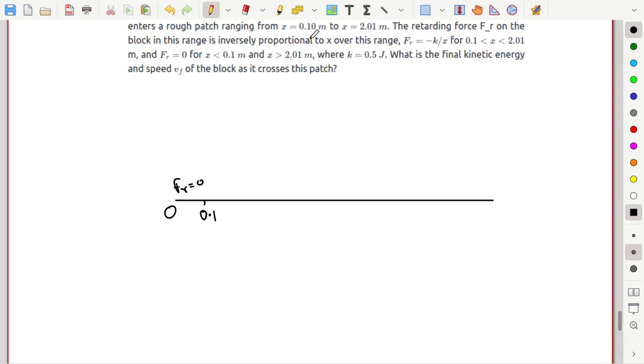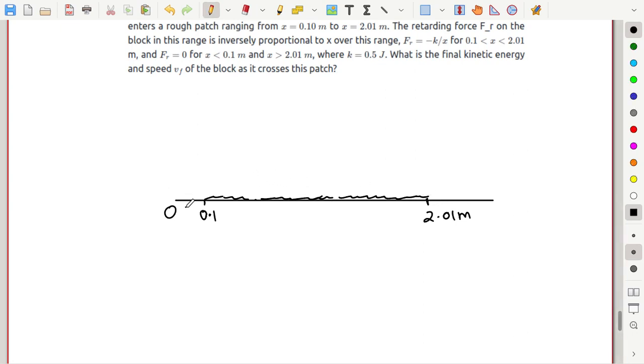The retardation force comes into play at 0.1 meters, from this point to this distance, x equal to 2.01 meters. This is the rough patch, the rough region.